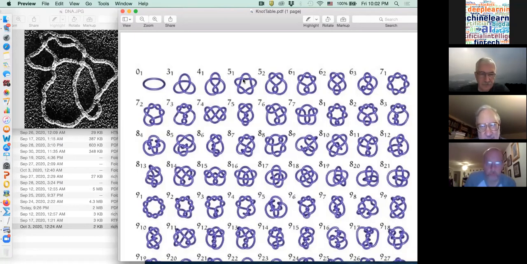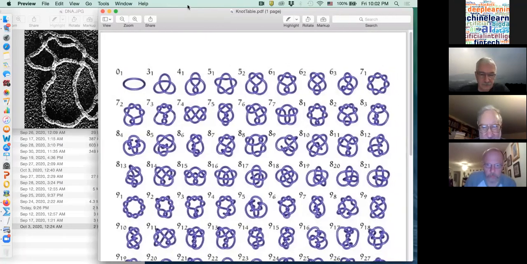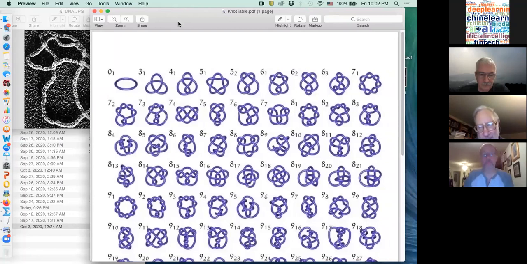They were commissioned by Sir William Thomson, that's Lord Kelvin, to make tables of knots, because Kelvin thought that atoms were knotted vortices in the ether. Well, we'll talk about that some other time, but the ether theory disappeared after a while. Knots and very microscopic physics are still interrelated, something to talk about later.